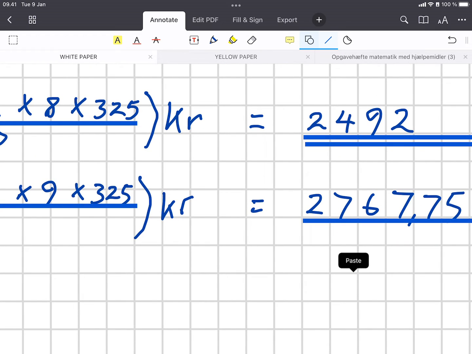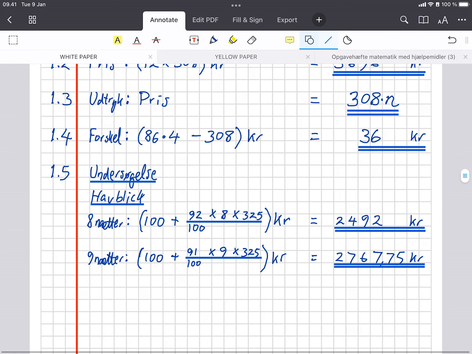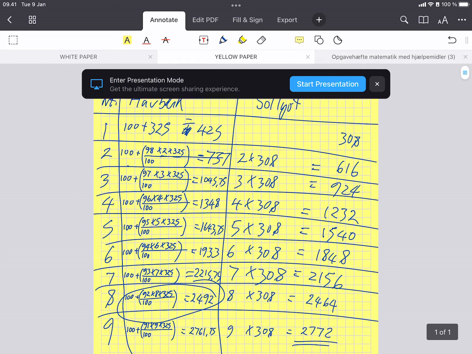Copy, paste that. And then I'll do a similar investigation for the other place. What was it called? Sollust.